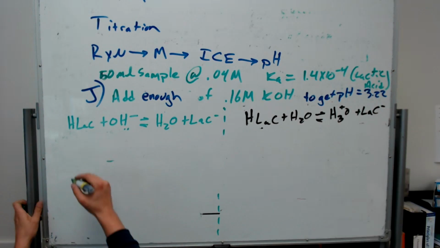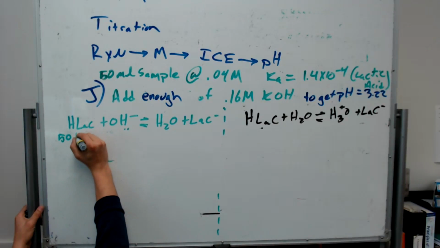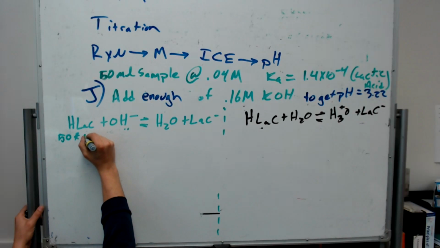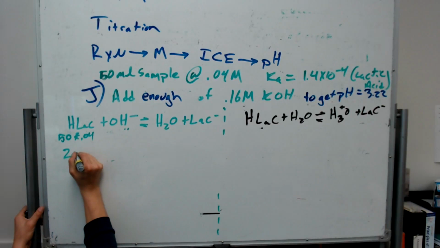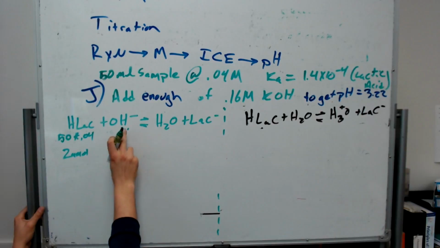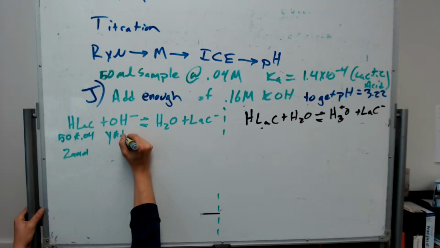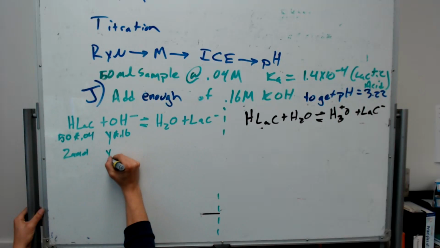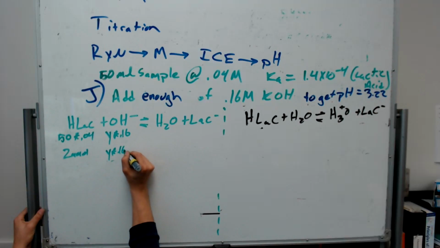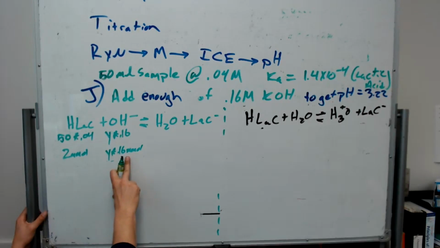So our HLac is actually going to have the same start. 50 times 0.04 gives us 2 millimoles. And then I like the way you set this up. You have Y times 0.16 gives us Y times 0.16 millimoles. This is still going to be the limiting reactant.